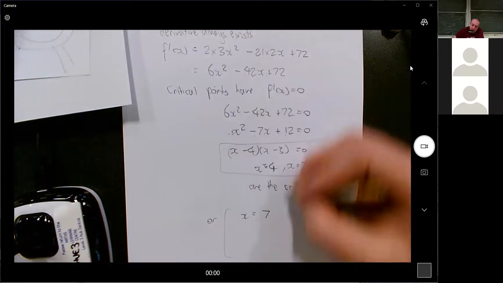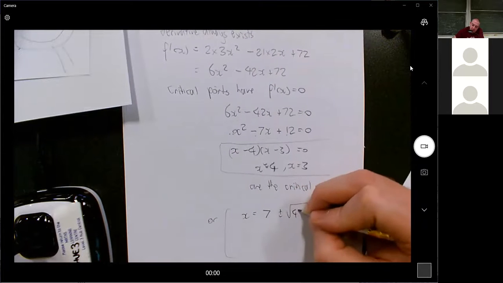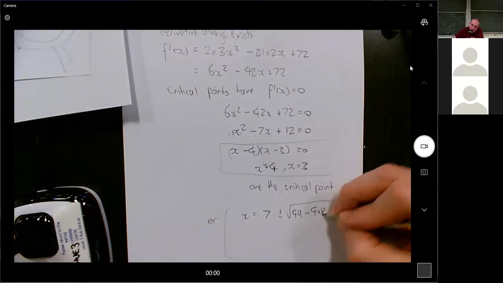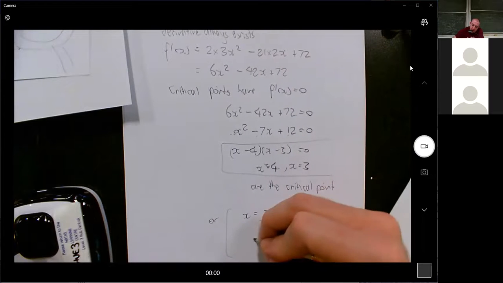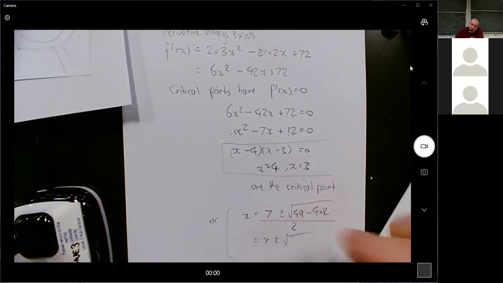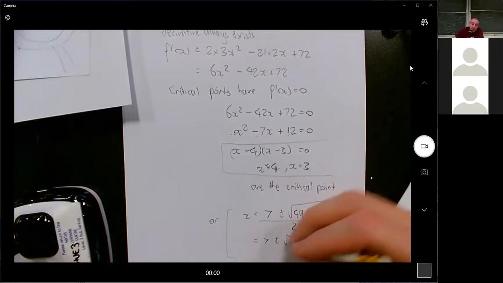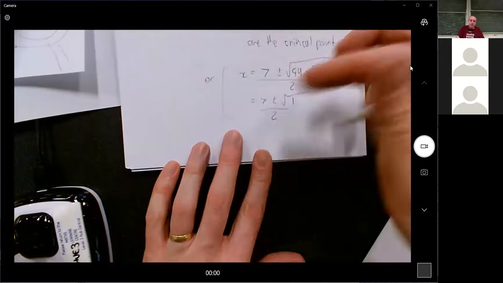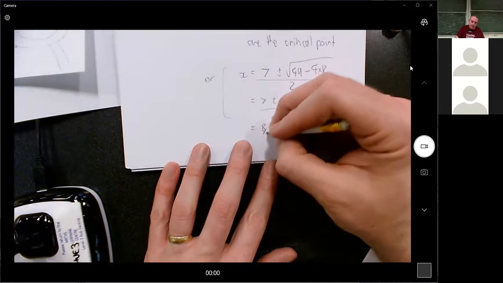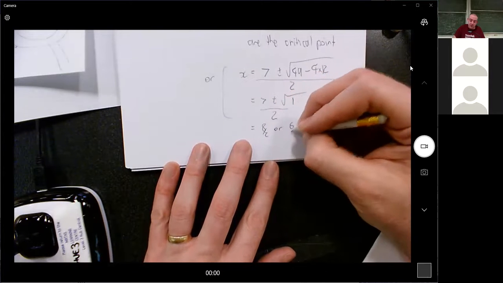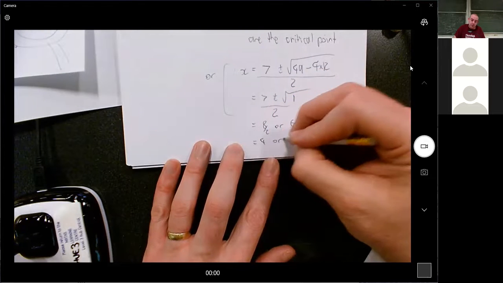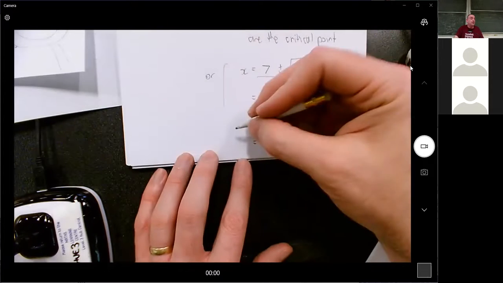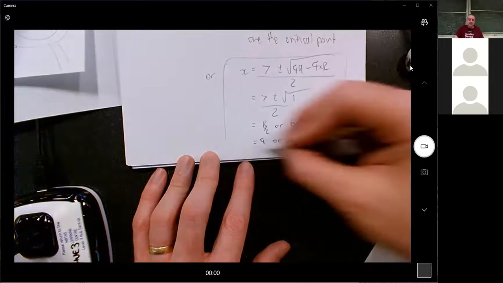X is minus b plus or minus the square root of b squared minus 4 times a times c, over 2a. 7 plus or minus, well, 49 minus 48 is 1. Oh, that's convenient. And so I get 7 plus 1, which is 8 on 2, or 7 minus 1, which is 6 on 2, which is 4 or 3. So you could have done the quadratic formula and it would have worked fine. Gives you the same answer.